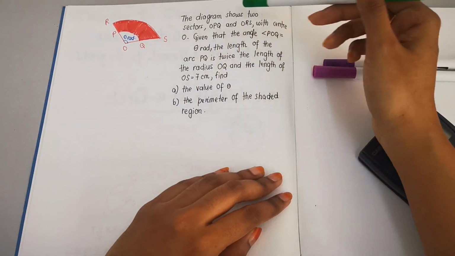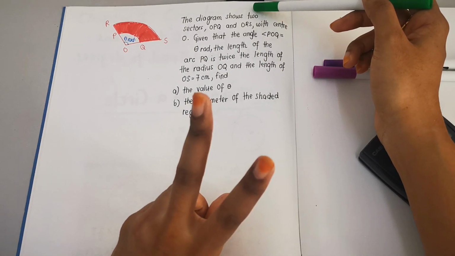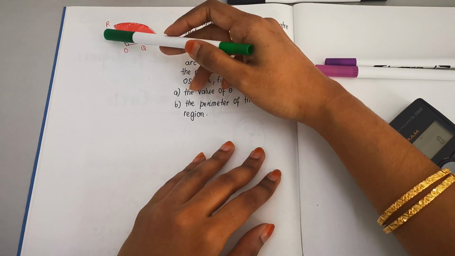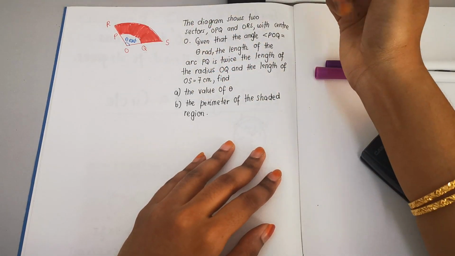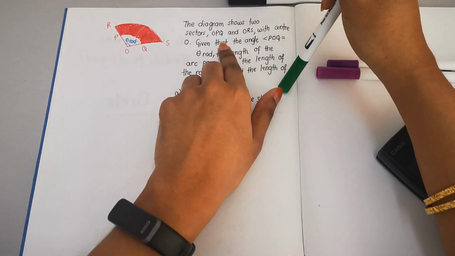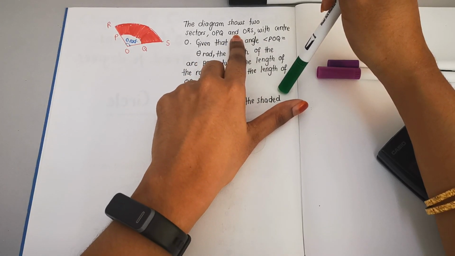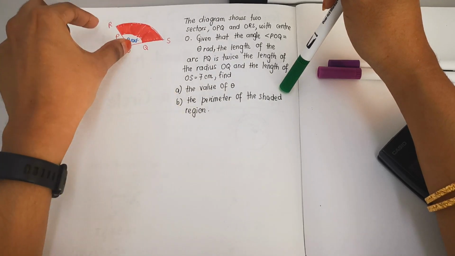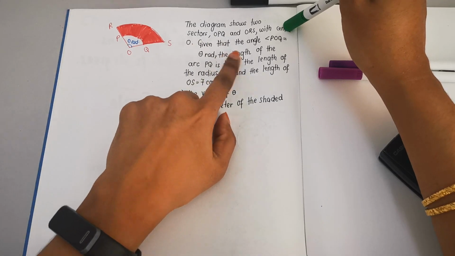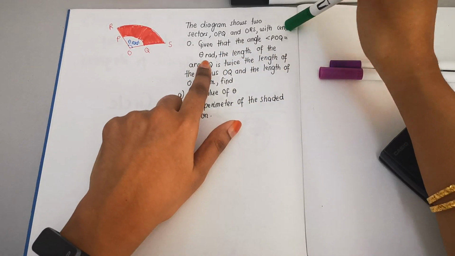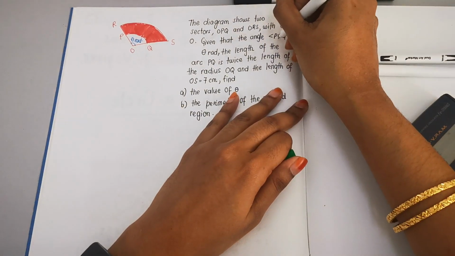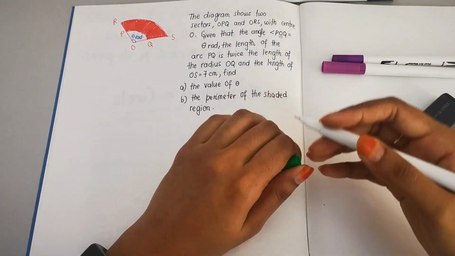Looking at the diagram here, the diagram shows two sectors. Can you identify where the two sectors are? The two sectors are POQ and ROS, this part. Even without me reading this, if you just look at the diagram, you should already know these two sectors. The center is O. Given that the angle POQ is theta radian, so POQ means the angle at O, this part, is theta radian.